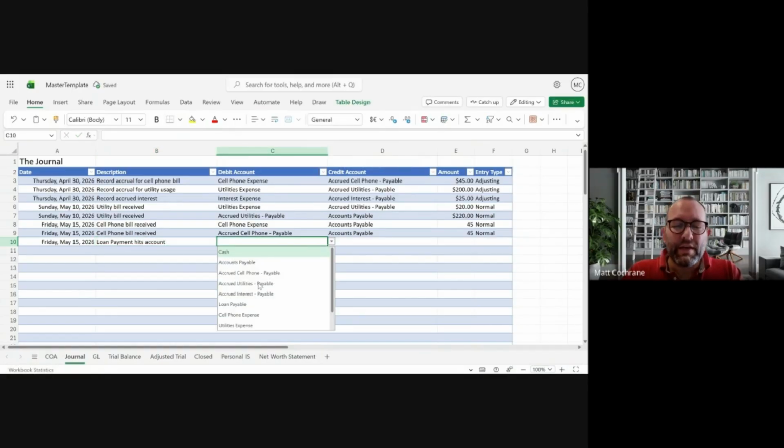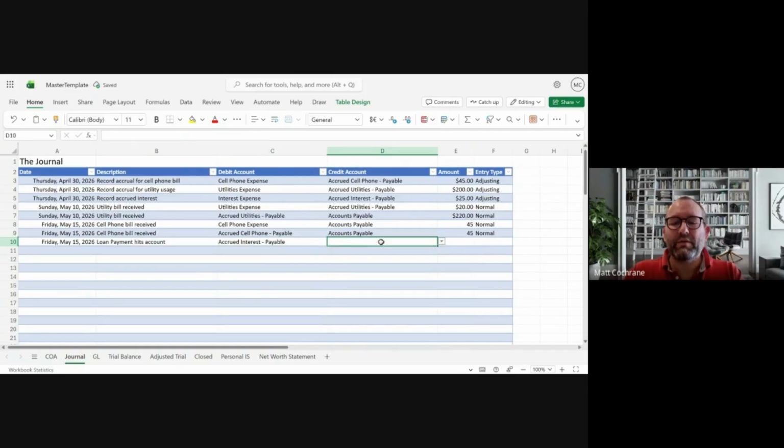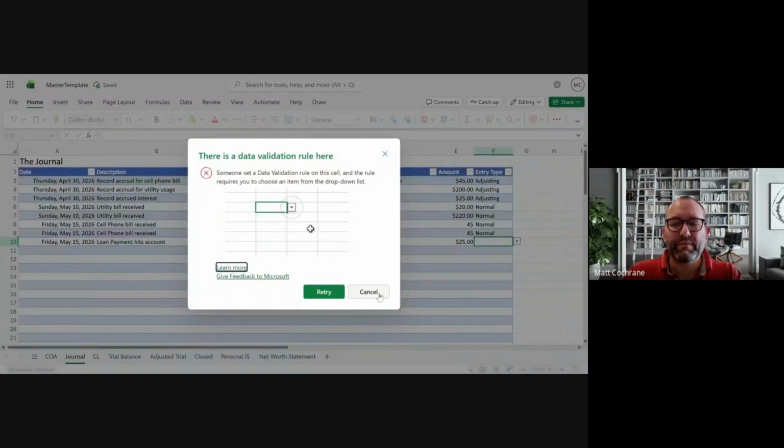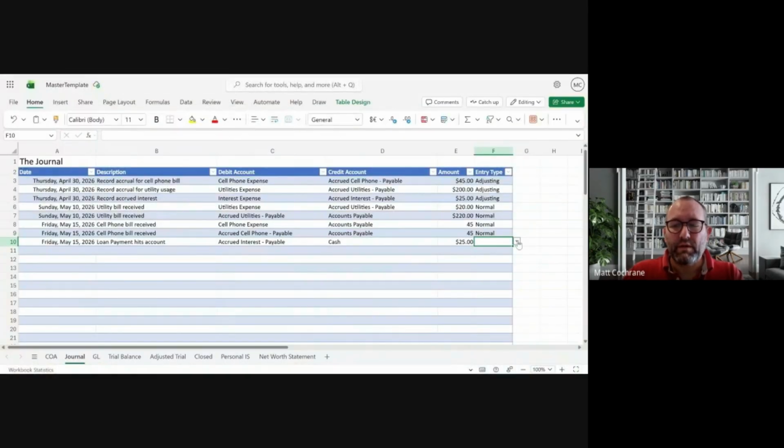Okay, so we have to clean out the accrued interest payable, and we're going to credit cash for that. And that amount was 25. And this is a normal transaction, or regular. Okay, I guess these aren't data validated, but anyway, regular.